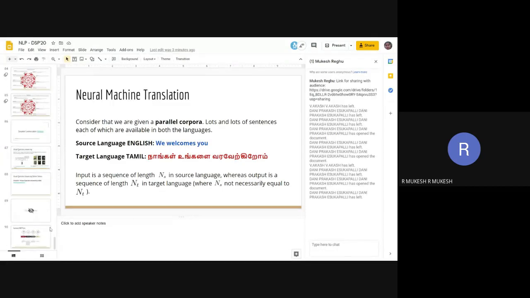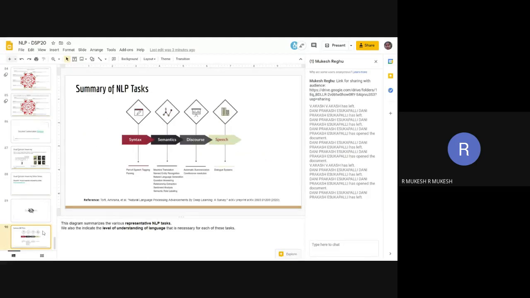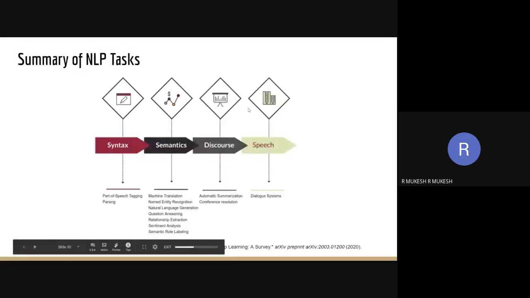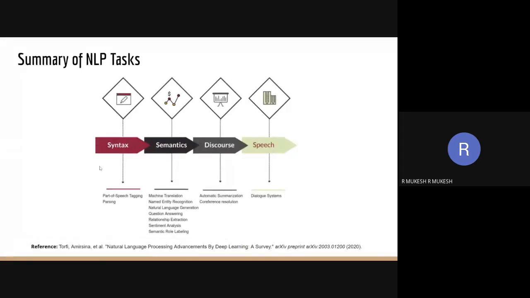Okay, I think we are done with the basic tasks in NLP, and I'll just summarize the various tasks that we have seen. At the syntax level, we have parts of speech tagging, which is associating the parts of speech tag with each token.